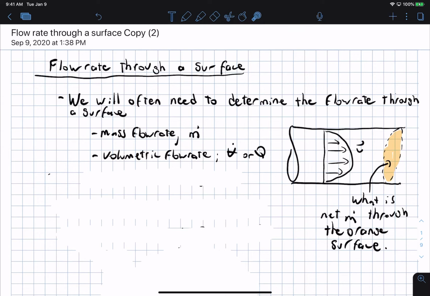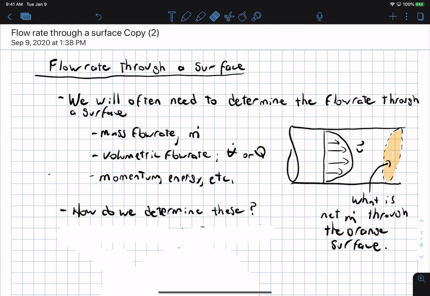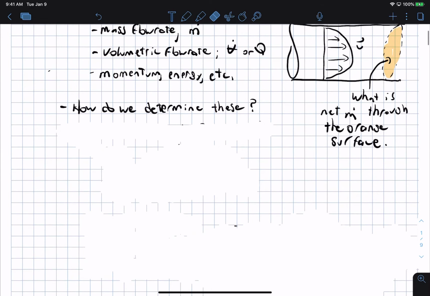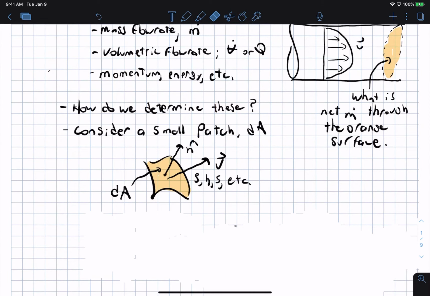And then also you might want to know not only the net energy or the net enthalpy passing through the surface, but what's the net momentum, what's the net entropy, energy, etc. Okay, and so how do we determine these? And so first, let's just consider a small patch, dA, and that's given by this surface here.